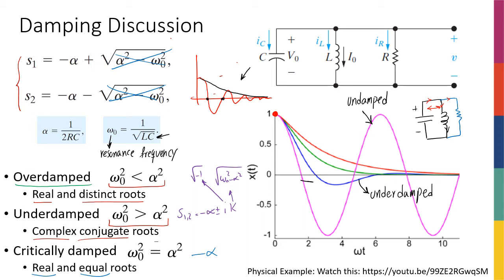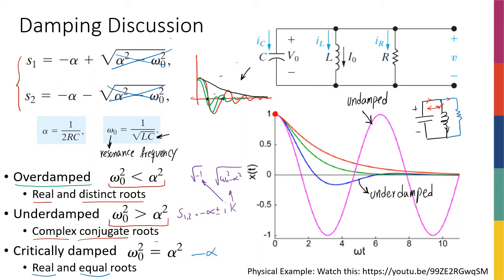If this is a decaying sinusoidal, it could be like the one that I showed here, or I could have something like this that just dies out very quickly, or even something like this, right? So this blue curve that you see here is an example of an underdamped response that dies out very quickly, right?